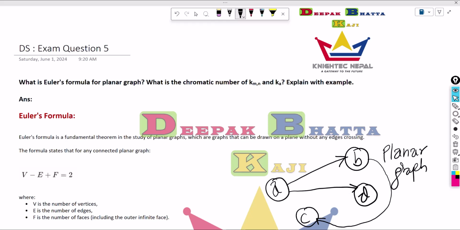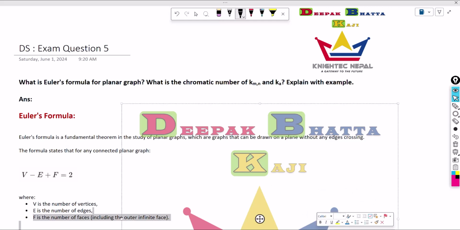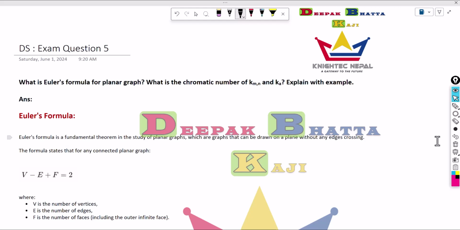Right? In the given question they ask what is Euler formula for planar graph. So first of all, you need to define it: Euler formula is a fundamental theorem in the study of planar graphs, which are graphs that can be drawn on a plane without any edge crossing.